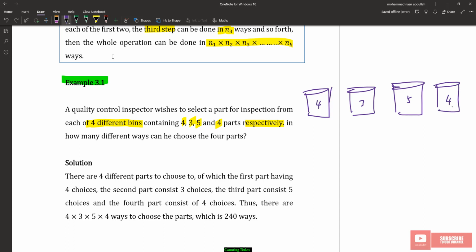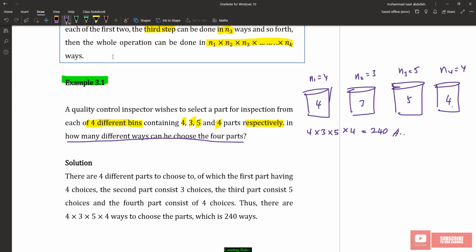So n1 equal to 4, n2 equal to 3, n3 equal to 5, and n4 equal to 4. To know how many different ways he can choose the 4 parts, it is 4 multiplied with 3 multiplied with 5 multiplied with 4, which is equal to 240 ways.